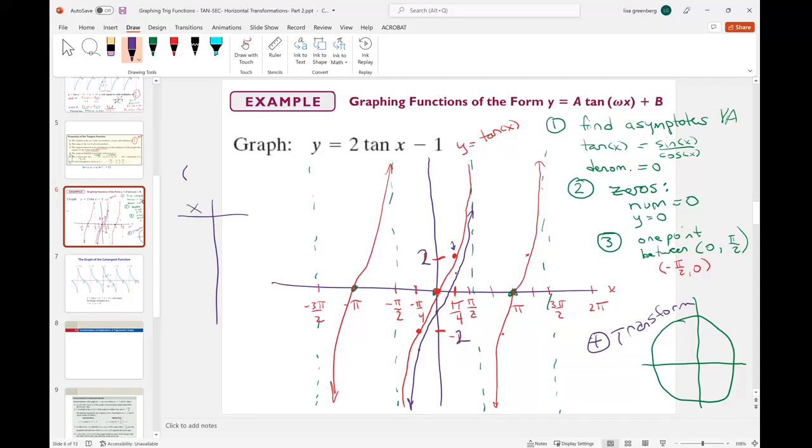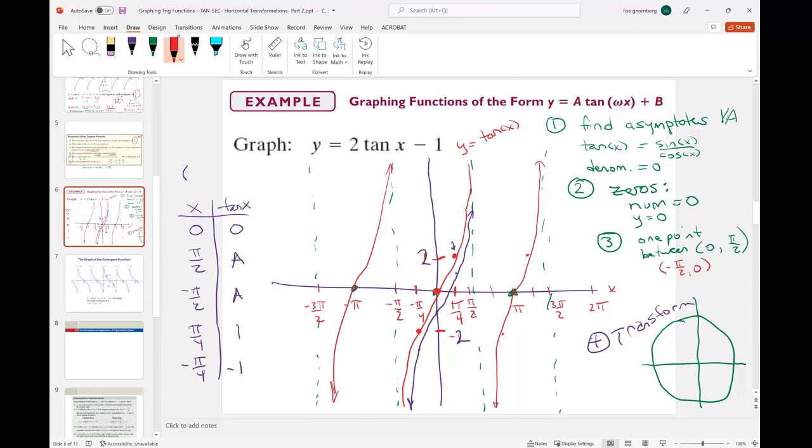We have our x and our tangent of x. When x is 0, tangent is 0. When x is pi over 2, I have an asymptote. Negative pi over 2, I have an asymptote. And then pi over 4, I have 1. Negative pi over 4, I have negative 1.